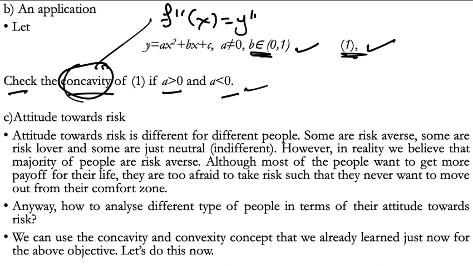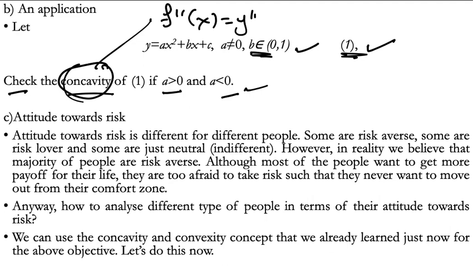Okay, so some people are risk averse, some people are risk lover, but majority of them are risk averse. But some people are in the middle; they're just neutral or indifferent. Okay, now how to analyze different type of people in terms of their attitude towards risk. So here we can use concavity and also convexity concepts that we already learned just now for the above objective.